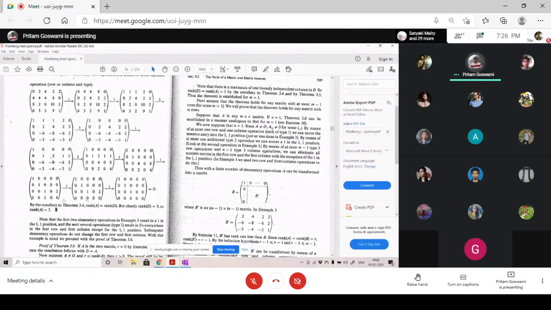Oh wait, they have multiplied it by 1/4 here, then they have made it 0, and they want to make this 2 0 also. For that they use the column operation: the third column multiplied by -2 and then added to the fourth column, and they get this diagonal matrix.